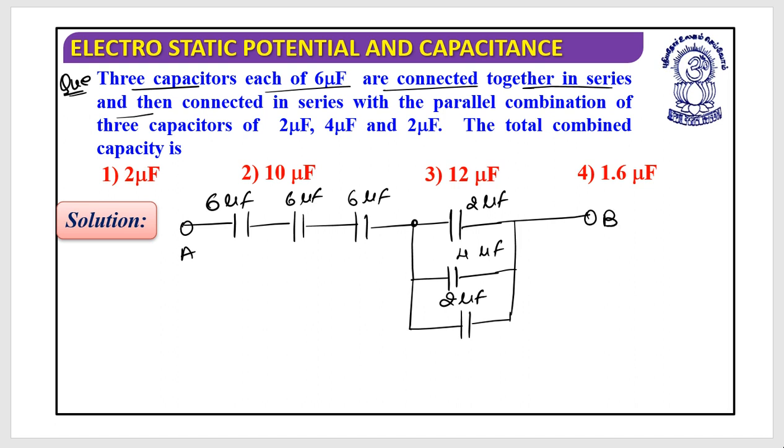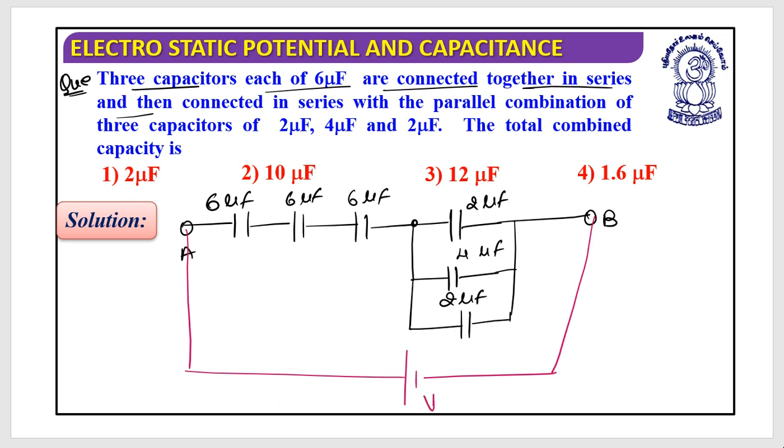So when you need to find out the equivalent capacity or the total capacities, what you need to do is you need to connect your terminals with the battery. If you connect your terminals with the battery, you will be having an idea which are in series and which are in parallel.